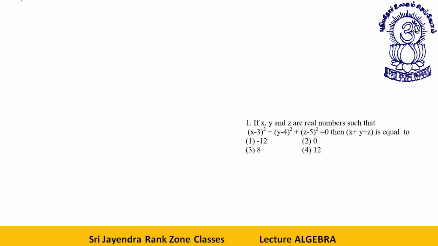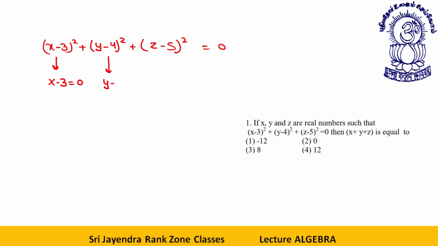Let's take a very basic question first. We are given (x minus 3) square plus (y minus 4) square plus (z minus 5) square is equal to 0. What I have told you, if the sum of squares is 0, it means x minus 3 is equal to 0, y minus 4 is equal to 0, z minus 5 is equal to 0.